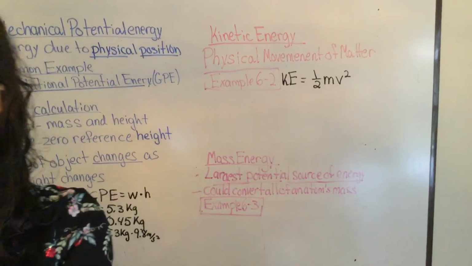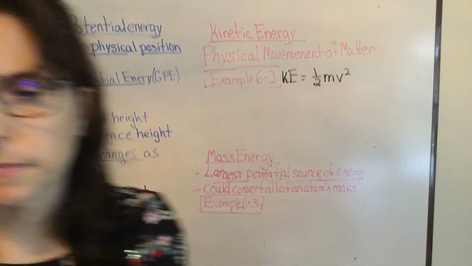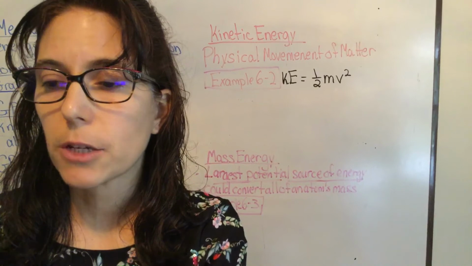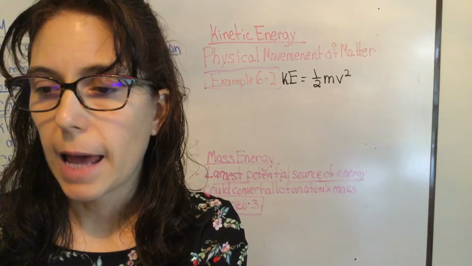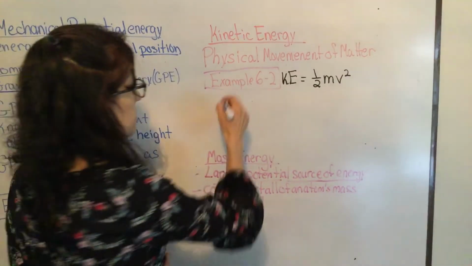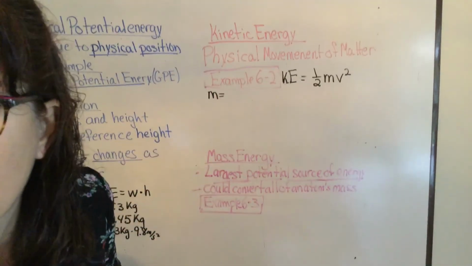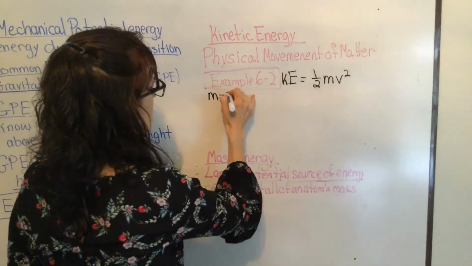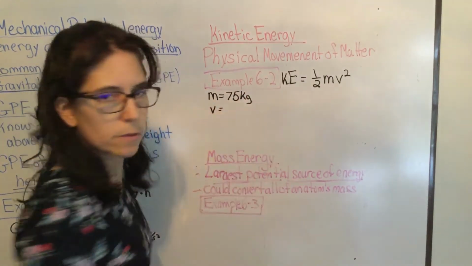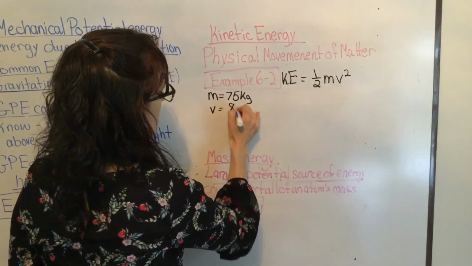Let's take a look at a sample problem from your book. It's on page 114. It says, what's the kinetic energy of a 75 kilogram sprinter running at 8.7 meters per second? So the mass equals 75 kilograms. The velocity equals 8.7 meters per second.